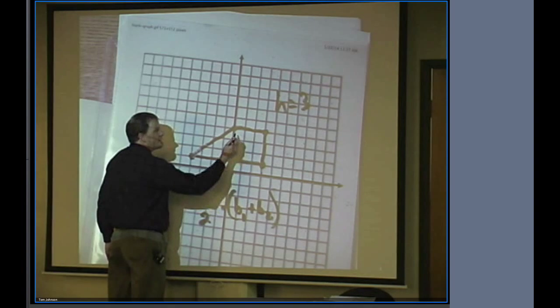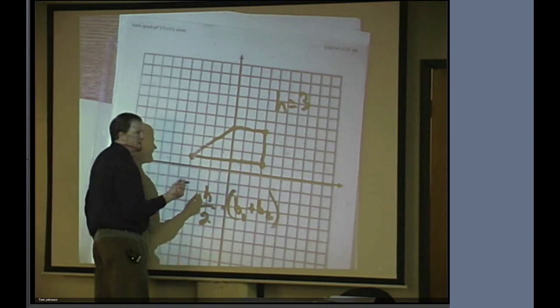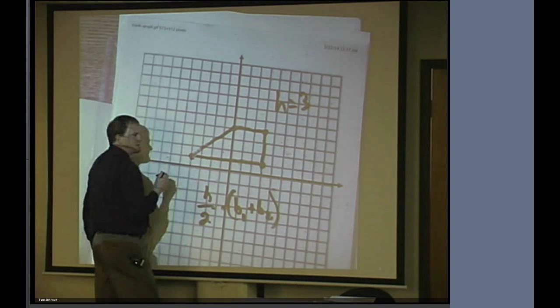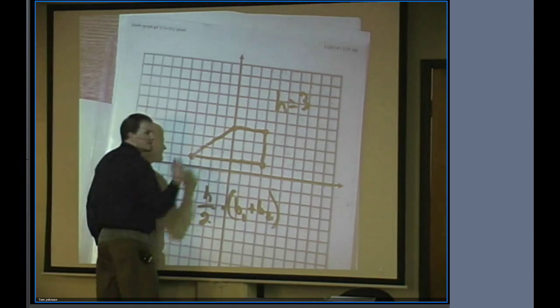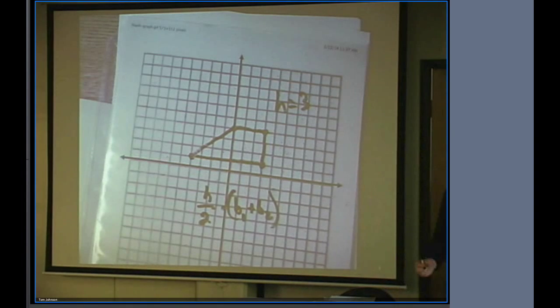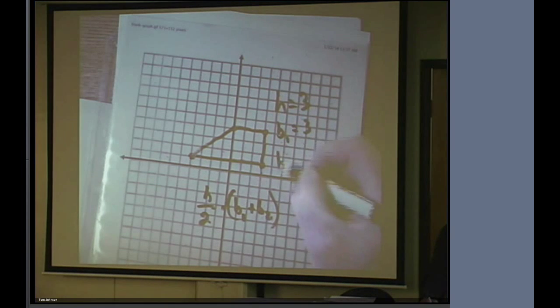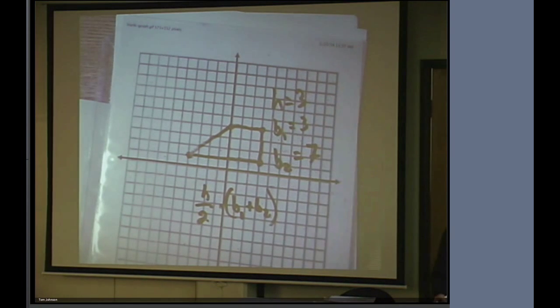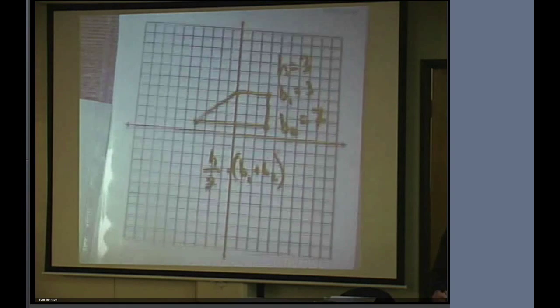So base 1, let's call this one. So what's the size of base 1? 3. What's the size of base 2? 1, 2, 3, 4, 5, 6, 7, right? So we've got the height is 3. Base 1 is 3. Base 2 is 7. All right. So we'll plug that into our equation.